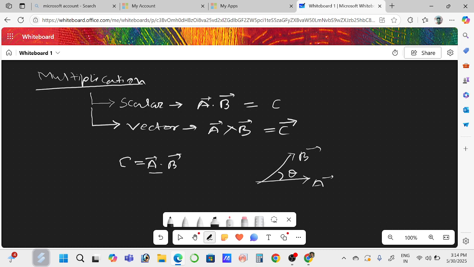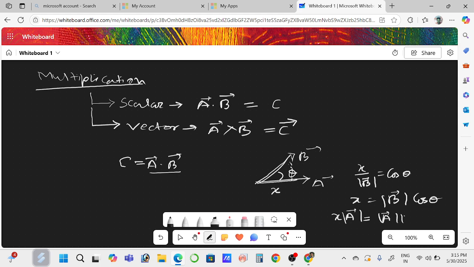Then A dot B actually signifies the component or projection of B in the direction of A. If it is x, then x by mod of B is simply cos theta. So x is mod of B cos theta. So the component of B along A times mod of A, obviously, is mod of A, mod of B, and cos of theta.